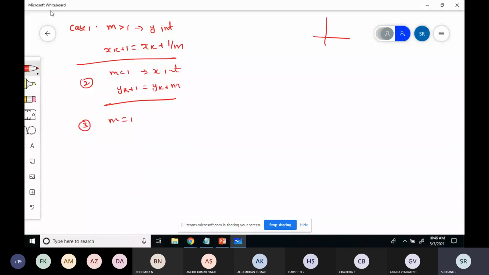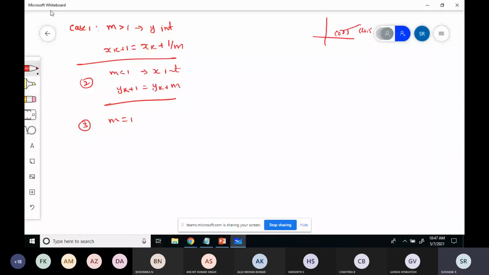So I gave an example of 0, 0, and what was the example I gave? 4, 5, right? The slope was greater than 1.